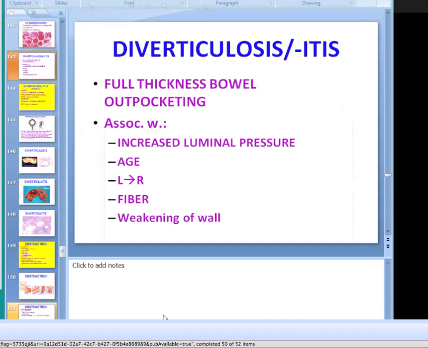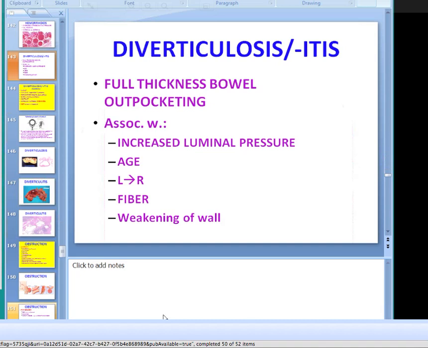And it would be more common in the large bowel, primarily. It's not a small bowel disease. It's a colon, large bowel disease. It's more common where the stool is harder, so it's more common on the left side of the colon. You can get it anywhere, but generally it's more common on the left side. So the further you go down distally towards the anus, the more likely you are to get diverticula.